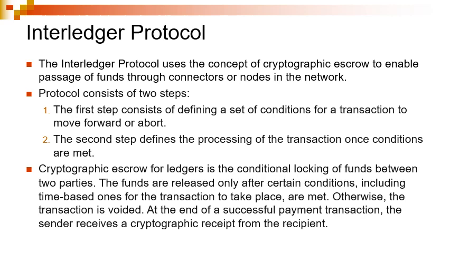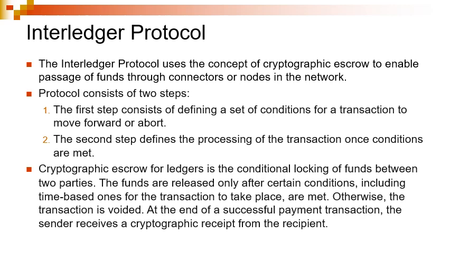So the interledger protocol uses the concept of cryptographic escrow. This is the new concept, escrow. The interledger protocol uses the concept of cryptographic escrow to enable passage of funds through the connectors or nodes in the networks. So the protocol consists of two steps.